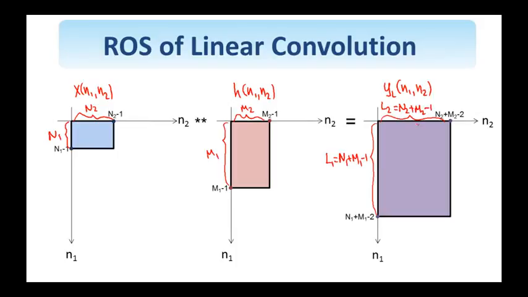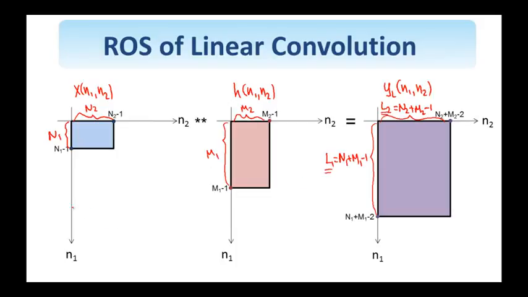This is a rather straightforward result to show just by following the steps of the convolution. So clearly the result of the convolution, the output signal, has greater support than any of the individual signals I'm convolving. Now, if I want to perform linear convolution through the use of a DFT, I should utilize DFTs of size L1 by L2.